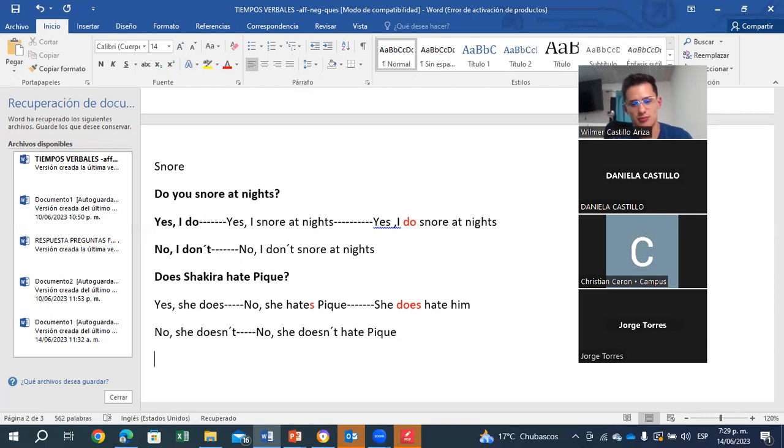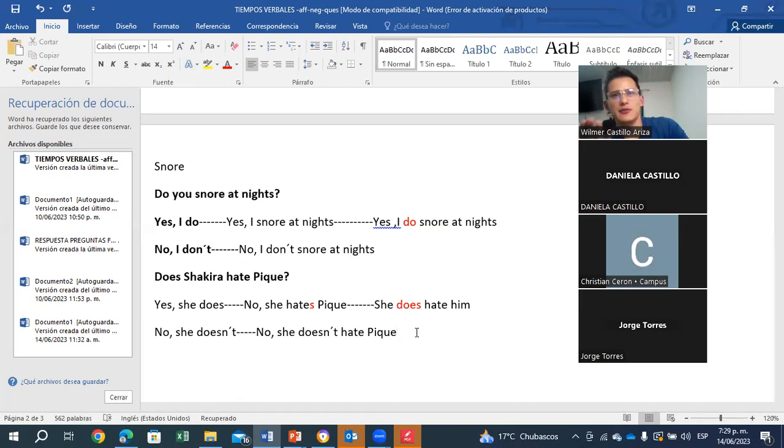For example, wash, we say washes, watch, watches, fix, fixes. I don't remember more, but that's one of the principal rules that we have to take in account in a simple present, teacher.